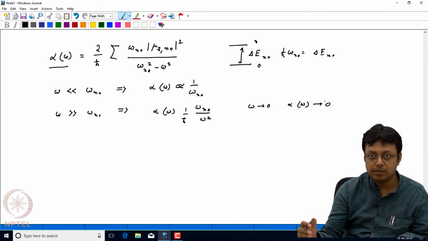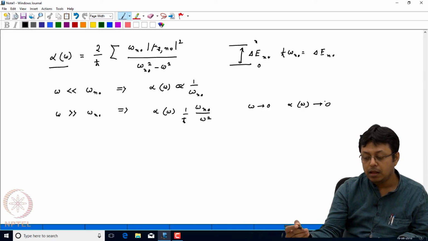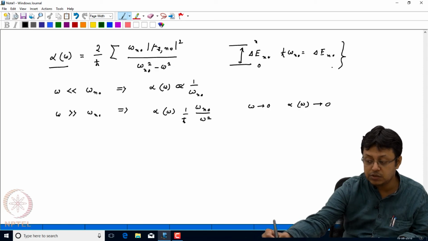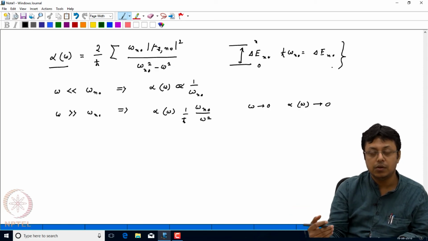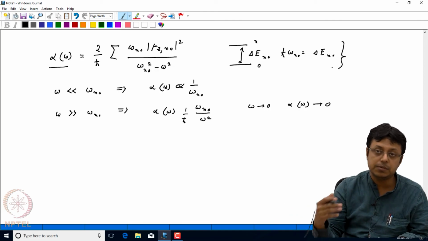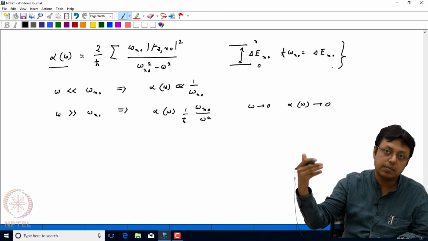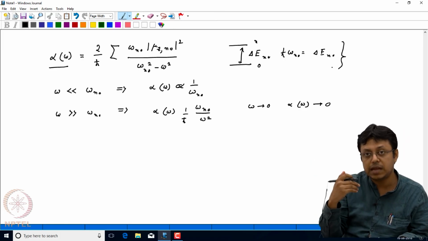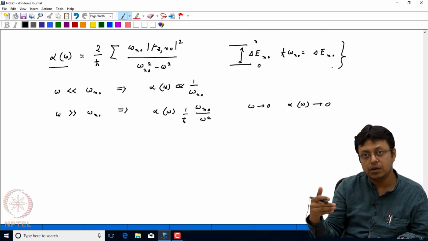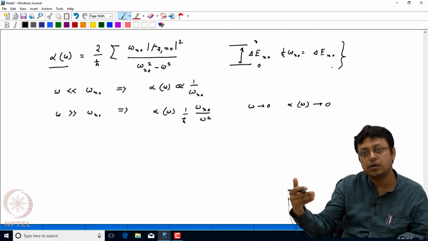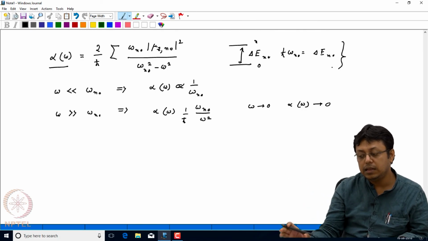So, if the external frequency is very high compared to the natural frequency, we can think of this as a natural frequency already present in the molecule, which corresponds to some energy level or some frequency associated with energy levels in the molecule.